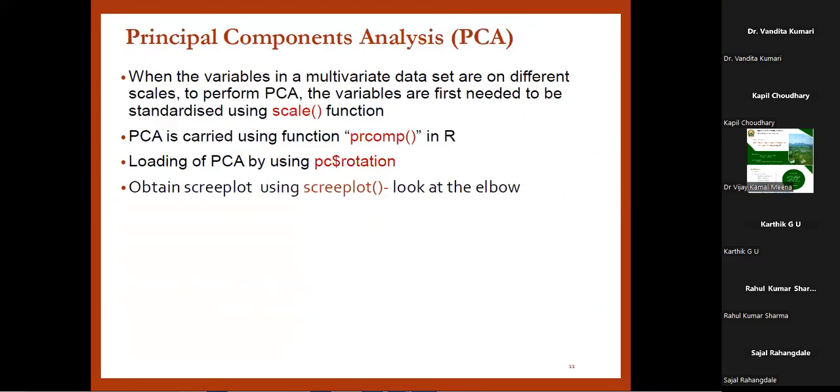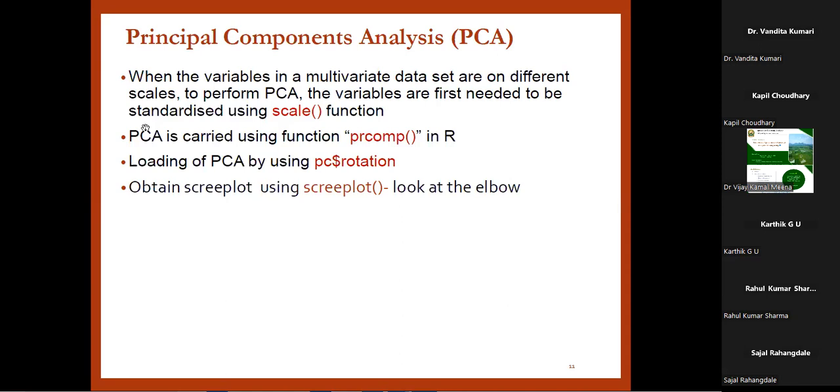So how are we going to perform principal component analysis in R? When we have variables in the form of a multivariate data set, the data may be on different scales, meaning different units or different forms. So to perform PCA, first we need to standardize those variables. For standardizing, we use the function called scale. It is like subtracting the mean and dividing by the standard deviation to make it uniform.